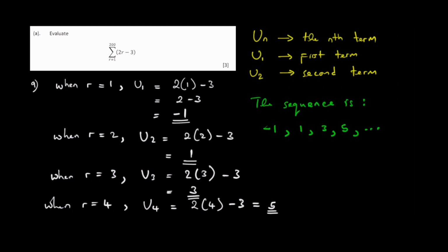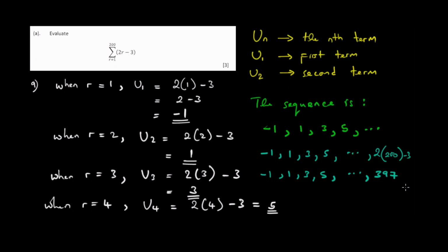But if you want, you can write it like this: minus 1, 1, 3, 5, and so forth, up to 2 multiplying 200 minus 3. So it's minus 1, 1, 3, 5, and so forth, up to 400 from 2 times 200. Subtracting 3, it's 397. That is going to be the last term.